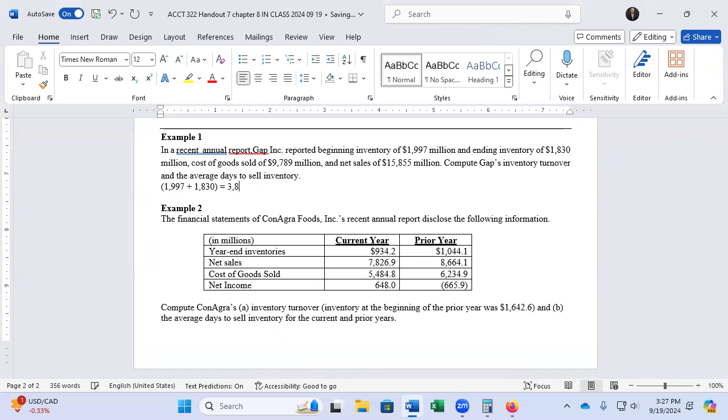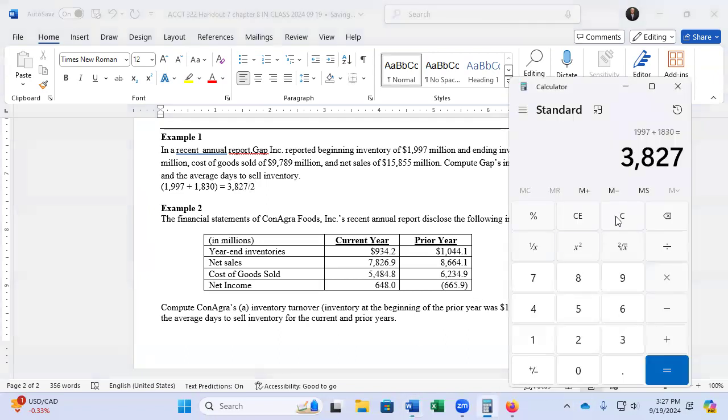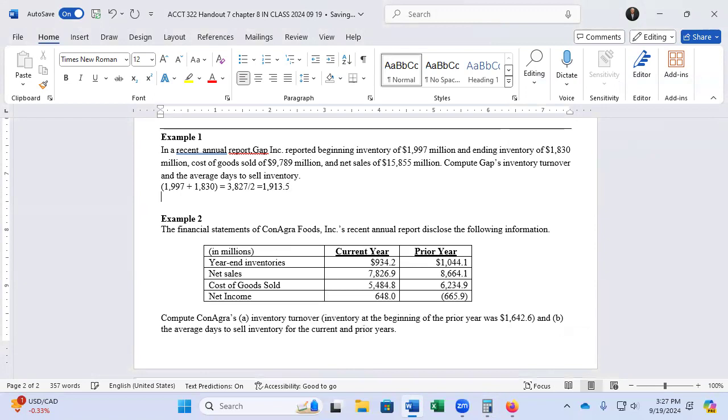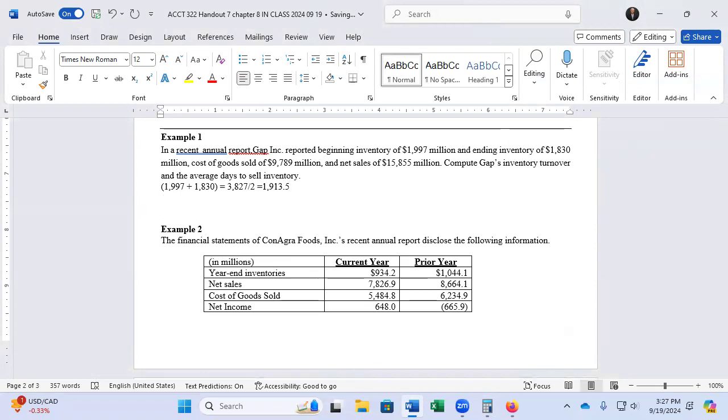Three 827, and we're going to divide that by 2. And we'll just get 1913.5. Keep in mind that we're in millions, right? So that's our average inventory.